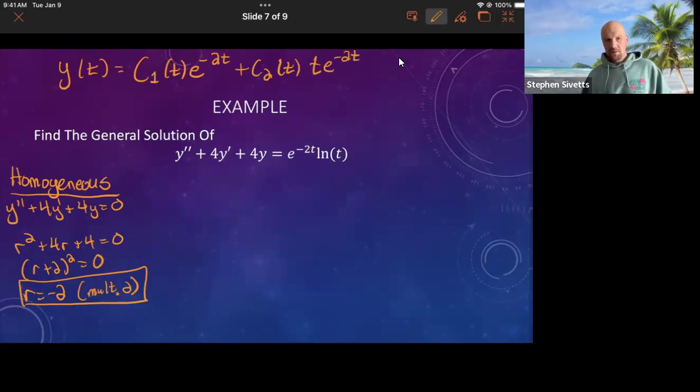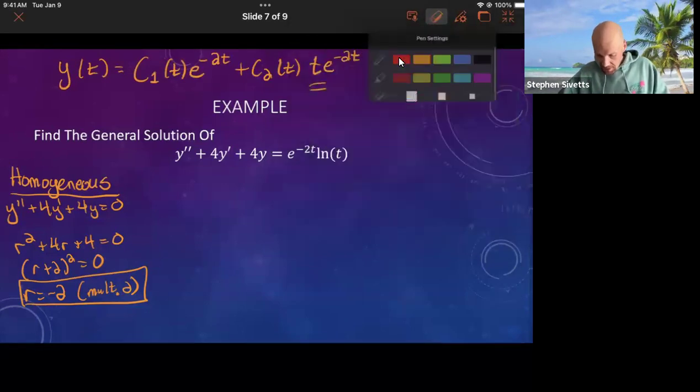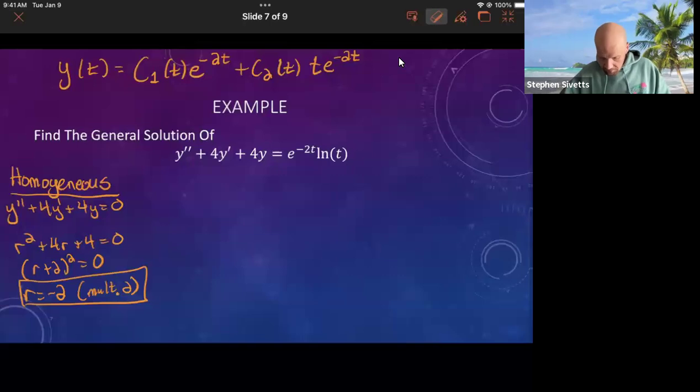Since we have a repeated root here, we must not forget to add in the t variable. So this is what the general solution for the homogeneous differential equation should look like. From here, we're going to solve for the functions c1 and c2 of t.